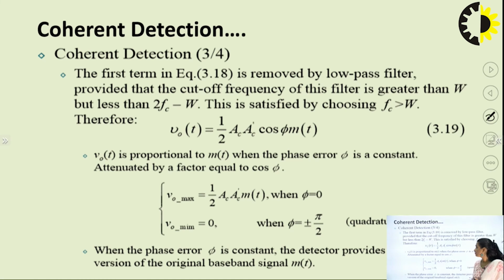This is satisfied by choosing Fc much greater than W, which is always a necessary condition for AM generation and detection. So V naught T will be 1 by 2 of AC dash cos phi FMT.